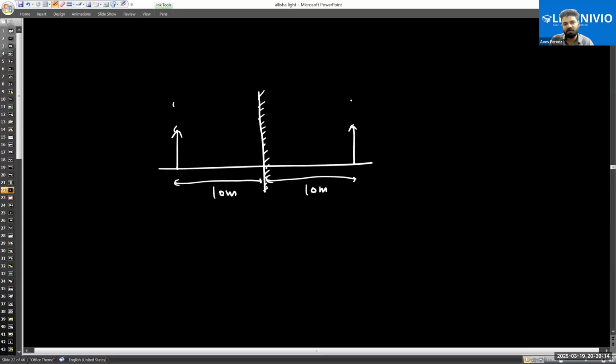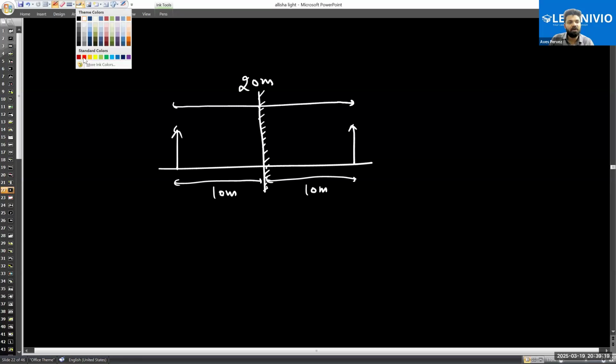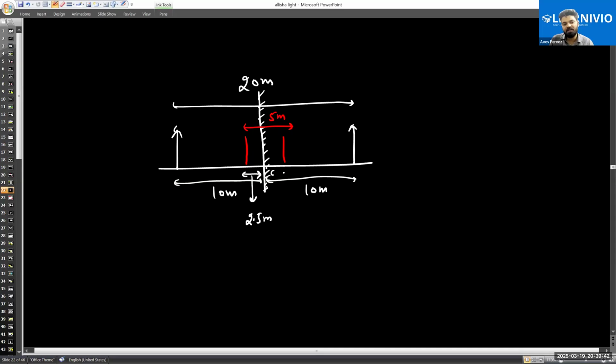So if he wants a distance of 5 meter between him and his image, he should be 2.5 meter away from the mirror. So this distance should be 2.5 meter, and this distance should also be 2.5 meter. So when he is at 2.5, it will be 5.